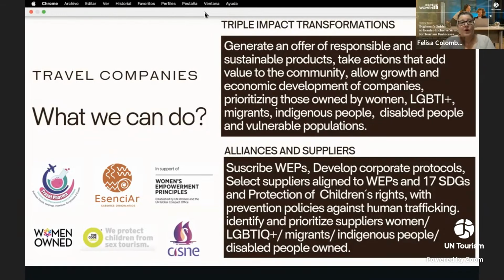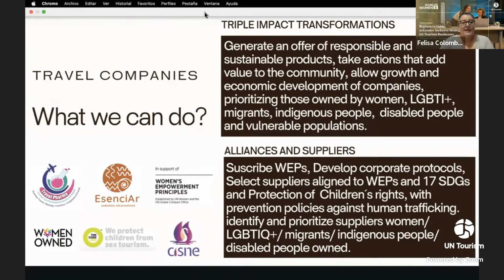This includes offering responsible and sustainable products, such as a responsible travel decalogue or carbon footprint measurement tools, and taking steps that add value to the community. For example, offering free mentoring to entrepreneurs, as we have done in our company with the CISNE program, or organizing solidarity actions and activities can make a real difference in the communities.